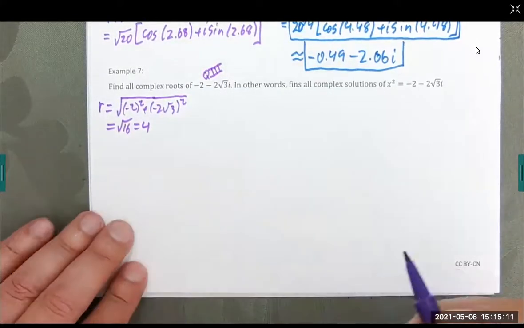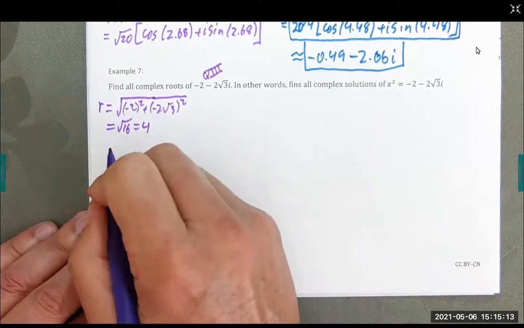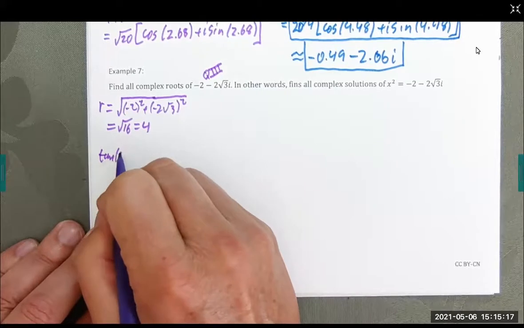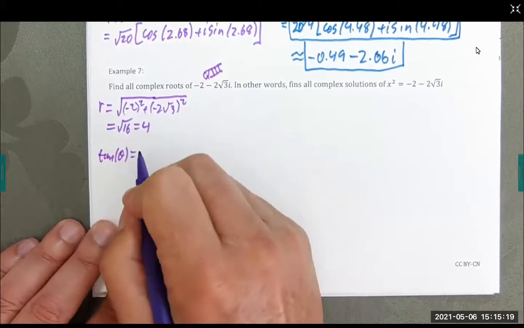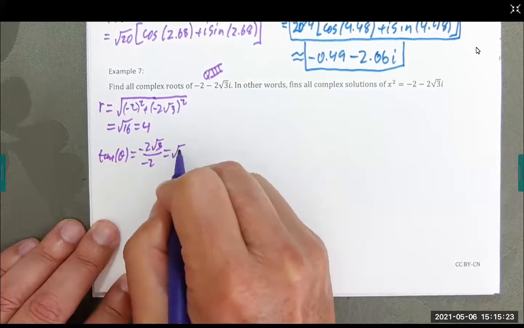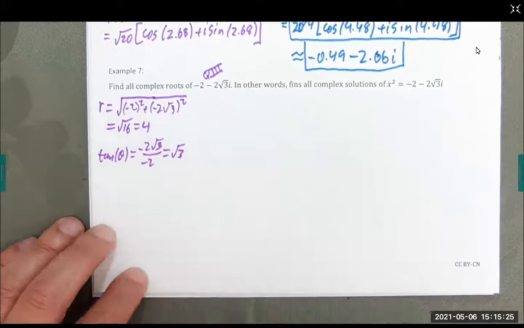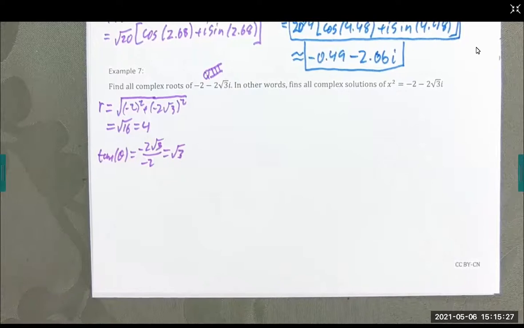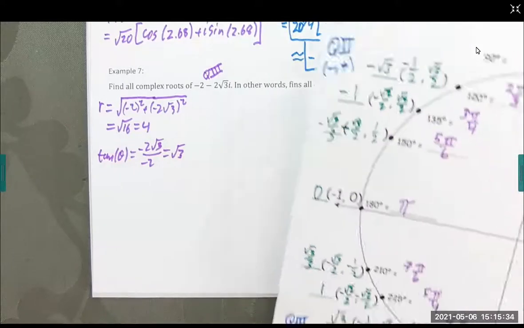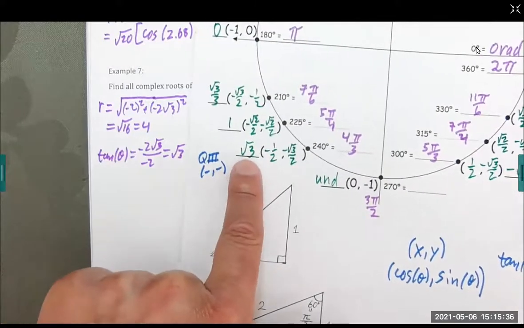So now, when I take the tangent of theta, it's going to be negative 2 root 3 over negative 2, or just root 3. Note this is going to give me an angle in quadrant 1. I need the angle in quadrant 3. So let's see where we get root 3 for tangent.